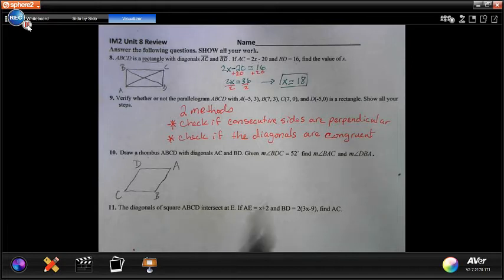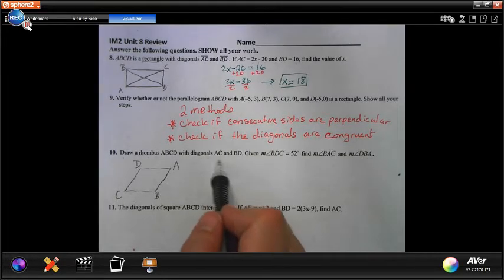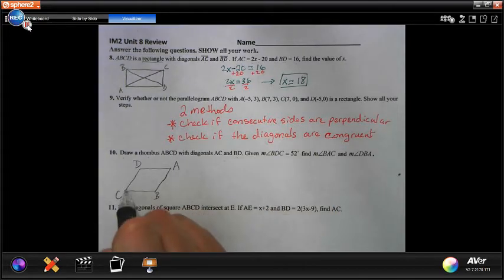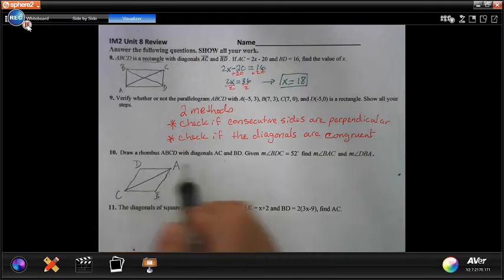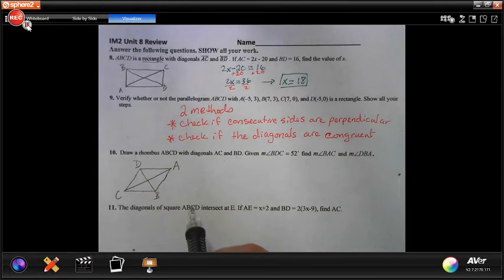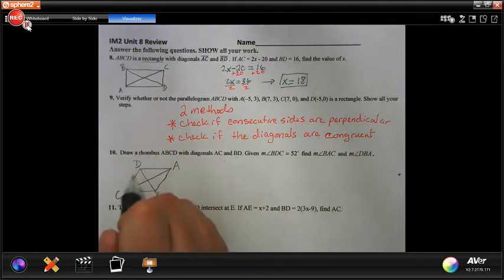Okay. It says diagonals are AC and BD. So that means we're probably going to need the diagonals, AC and BD. It says given measure of angle BDC is 52 degrees.